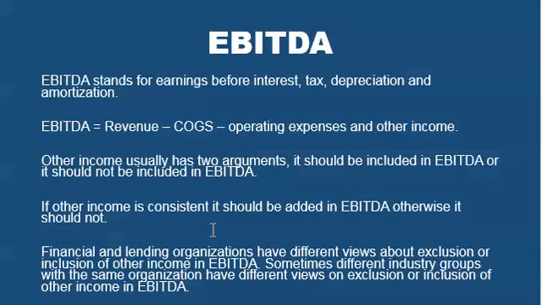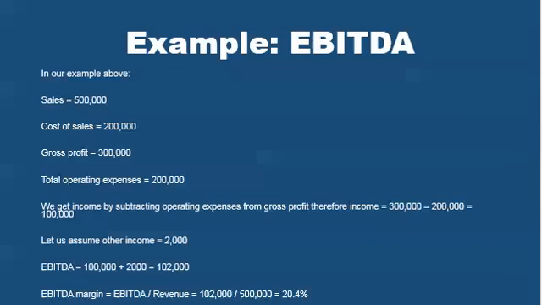If other income is consistent, it should be added to EBITDA, otherwise it should not. Financial and lending organizations have different views about exclusion or inclusion of other income in EBITDA. Sometimes different industry groups within the same organization have different views on exclusion or inclusion of other income in EBITDA.